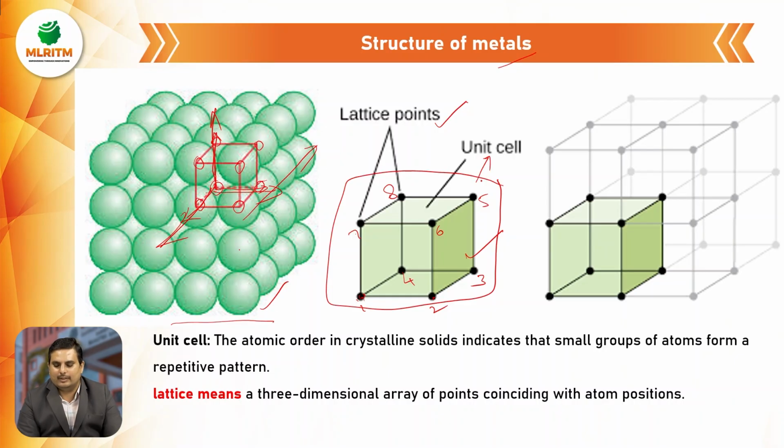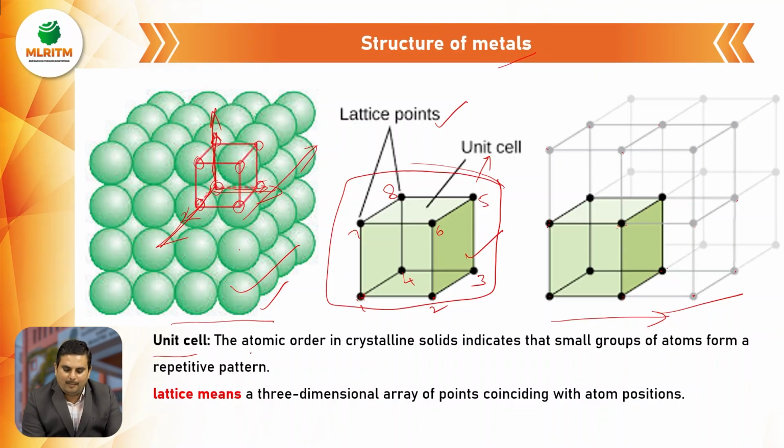Just next to this one, again there are atoms sequentially. The repetition of these atoms is nothing but the crystal structure. If you consider only one, then we call it a unit cell.